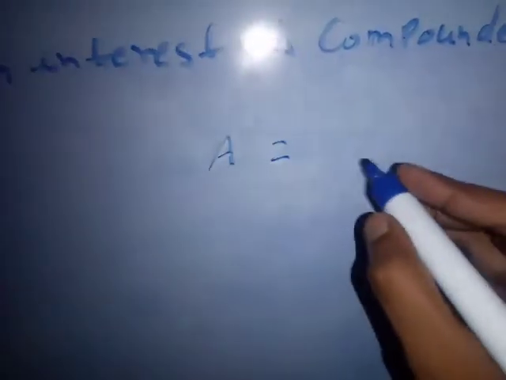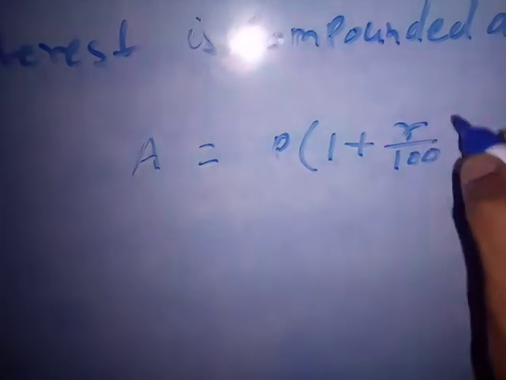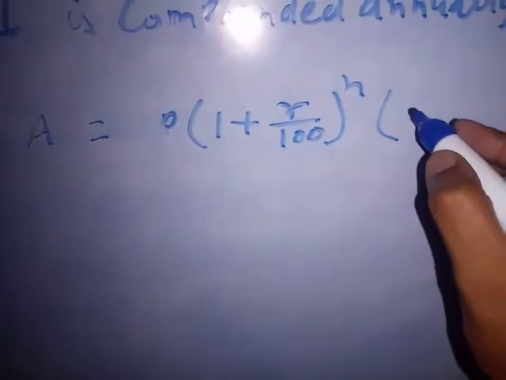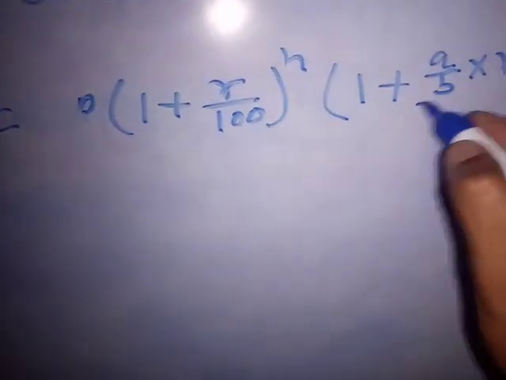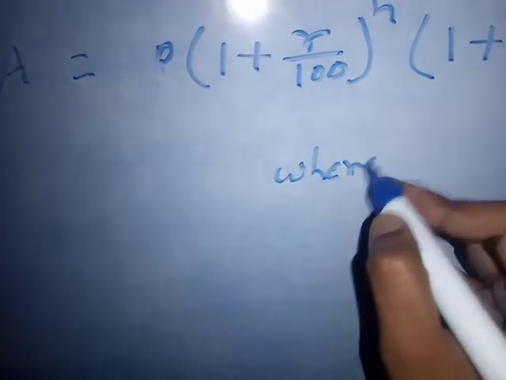Amount equals P into (1 plus R by 100) whole n into (1 plus A by B into R by 100), where n plus A by B is the time in fraction.